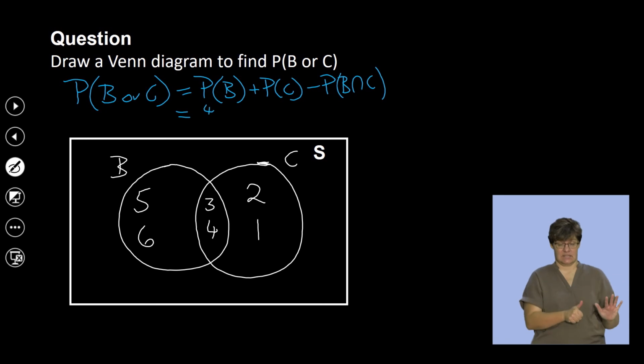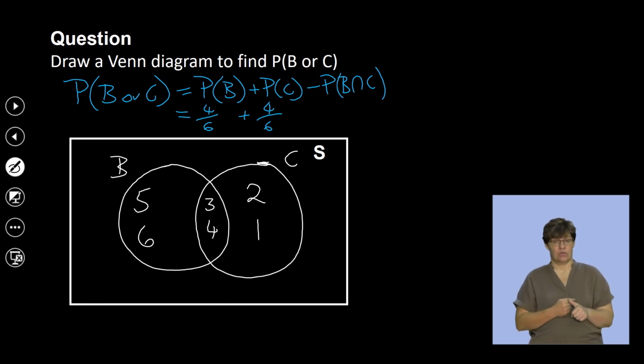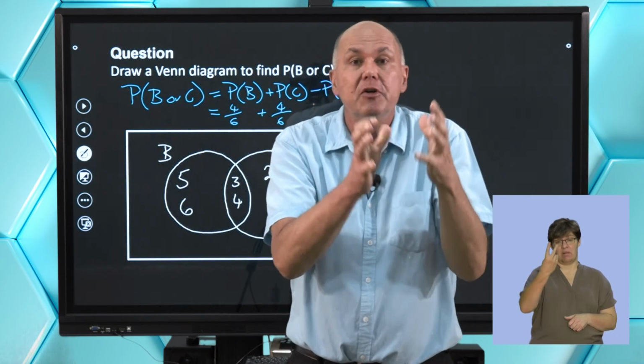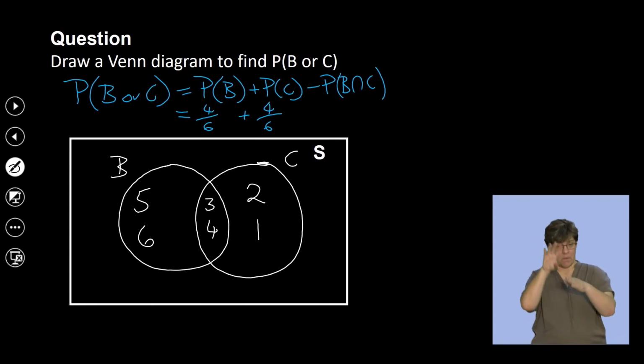So this is 4 out of 6. And the probability of C is also 4 out of 6. Now notice, because we've done that, we've counted the 3 and the 4 twice. So we've got to subtract those in the intersection. And that's what I'm going to do here. We recognize that the intersection has 2 elements out of the 6, so we subtract those.